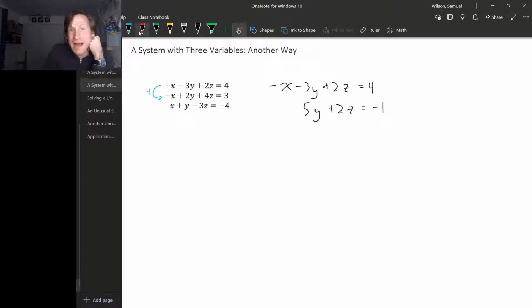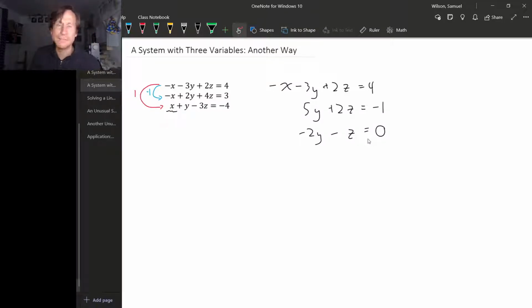Okay, now at the same time I can add 1 times the first equation to the last equation, because that will also eliminate an x in this last equation. So minus x plus x, that's no x's, minus 3y plus y, that's minus 2y, and then 2z minus 3z, that's minus z, and then on the right hand side 4 plus negative 4, that's 0.